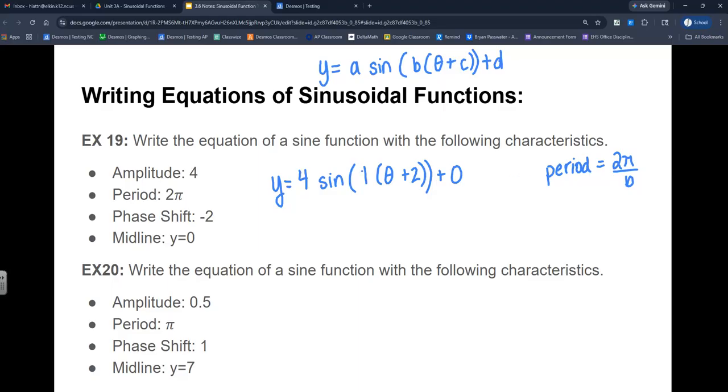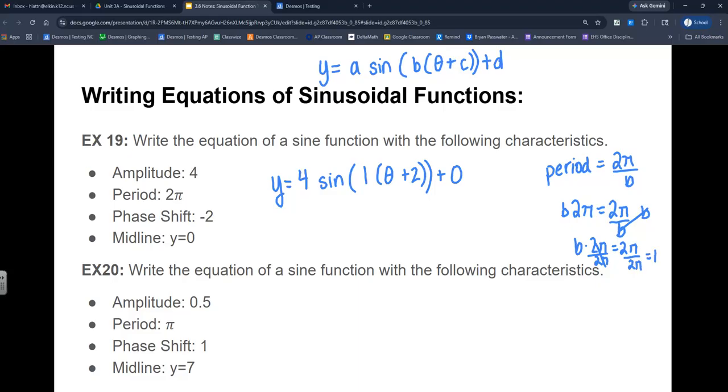If you want, you can create yourself like a little equation. It's not so necessary right here. The period is 2 pi, which is going to equal 2 pi divided by b. So if you're solving for that b, you would multiply by b. Then you'd have b times 2 pi equals 2 pi. And then you would divide by 2 pi, which would give you 1 for that.